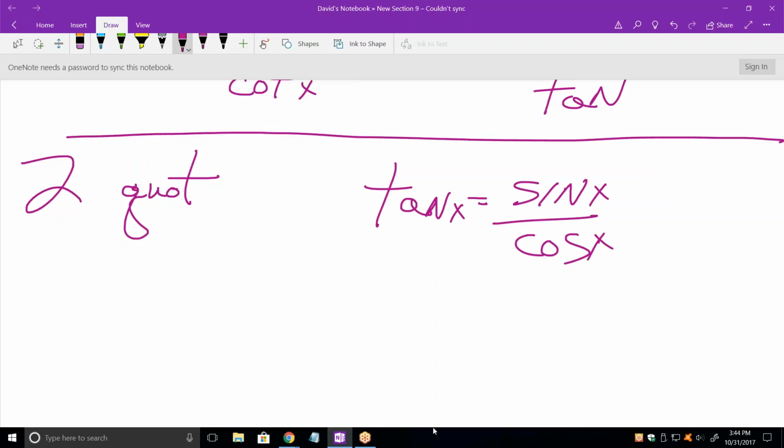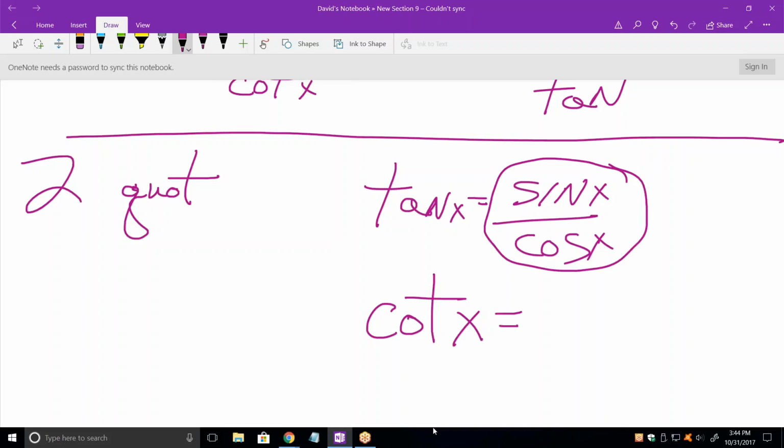So what does that mean? That's the one you have to memorize. But it also tells you what cotangent is equal to. Remember, cotangent is the reciprocal of tangent. So it's 1 over tangent? You're right, it is 1 over tangent.